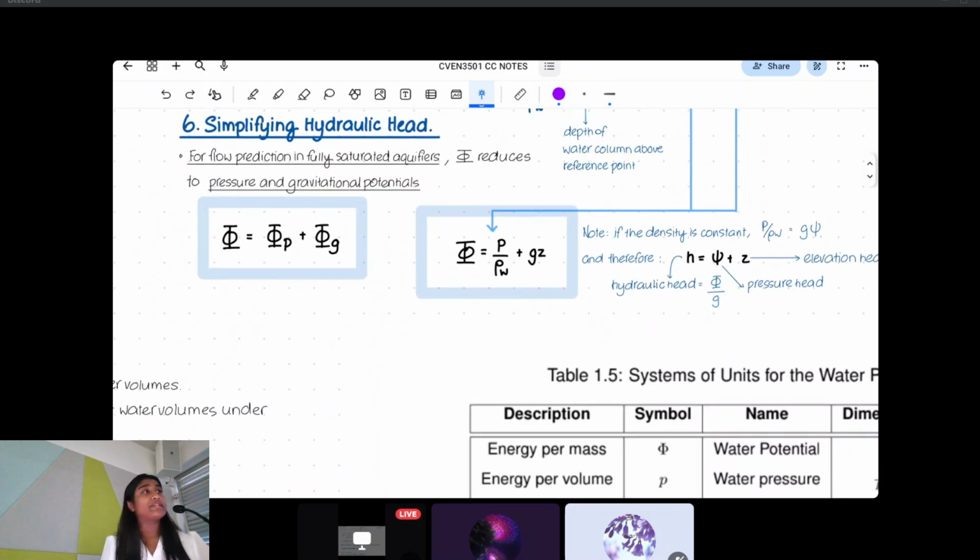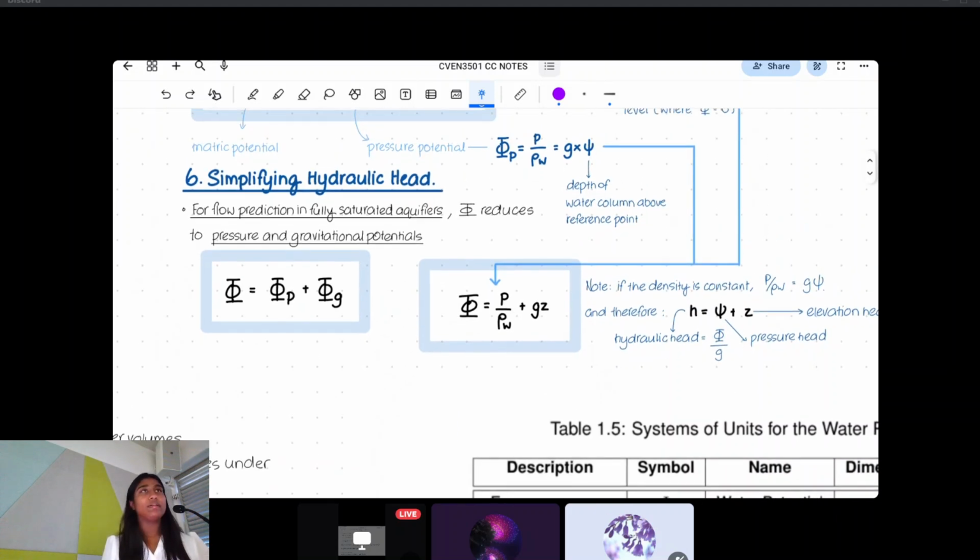For flow prediction, which is super important for groundwater, in fully saturated aquifers, the total water potential just reduces to the pressure and the gravitational potentials, right? So remember how I said earlier that if an aquifer was completely saturated, the water wouldn't be able to really move anywhere because there's no open pore space for it to travel.